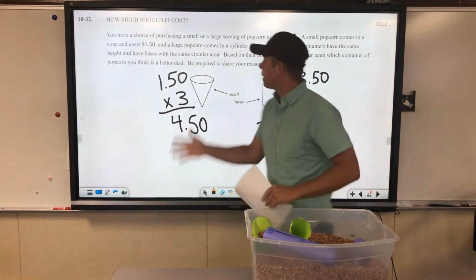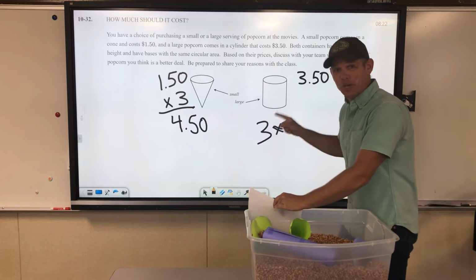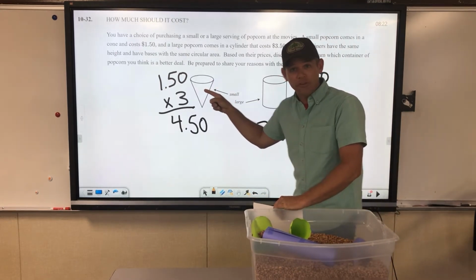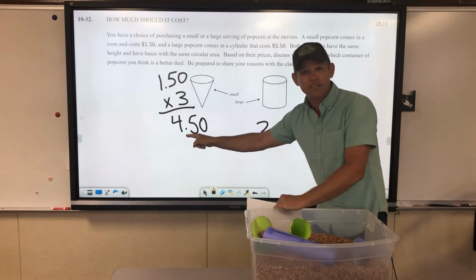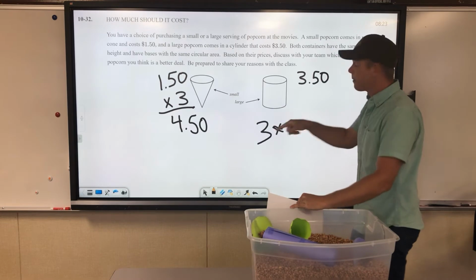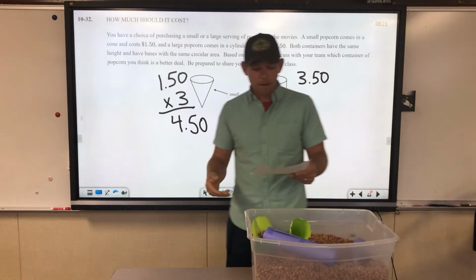Well, that tells me that in this problem, this large is a good buy. Because if I buy 3 smalls, I pay $4.50, but I get the same popcorn as a large. And buying a large saves you $1 and gets you the same amount.